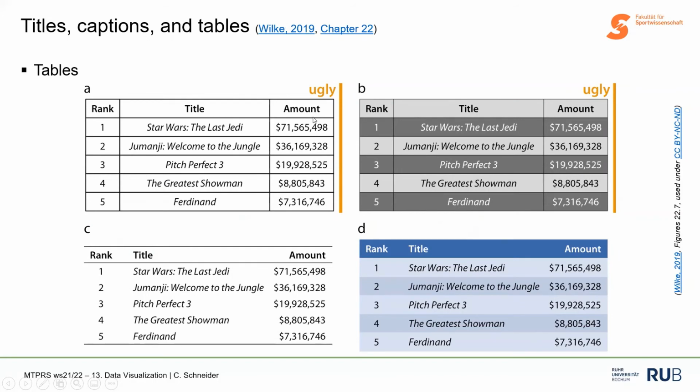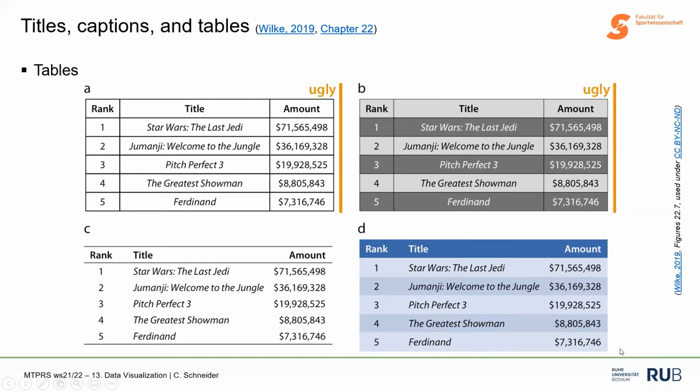Tables, only very briefly. The upper ones are displayed as ugly, but probably also a matter of personal choice. It's always recommended to use as few lines as possible, which is a very scientific way on the left-hand side.